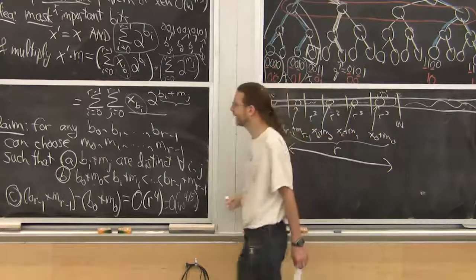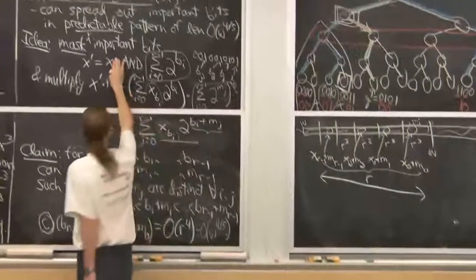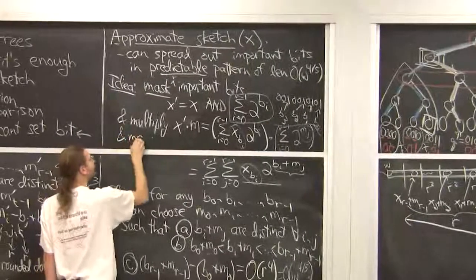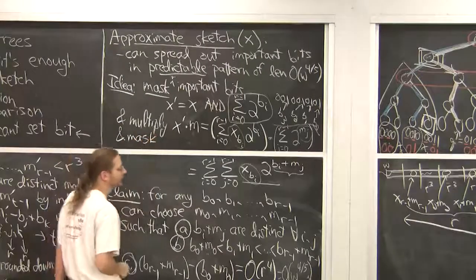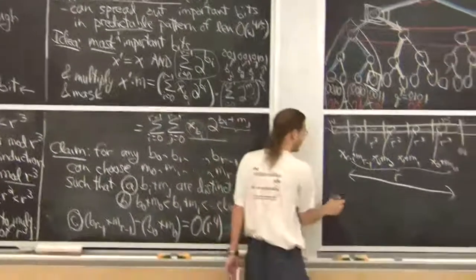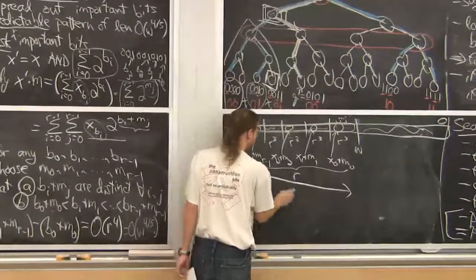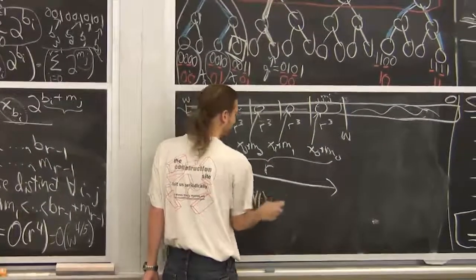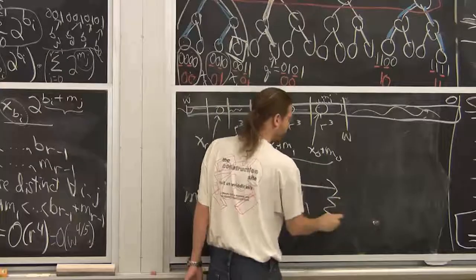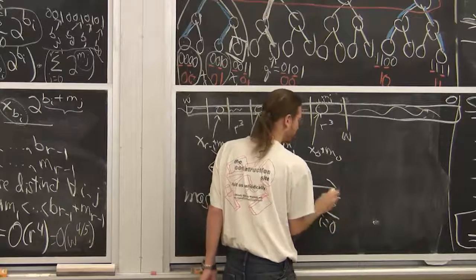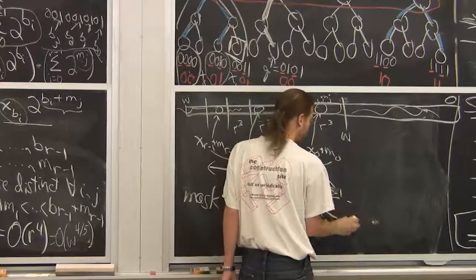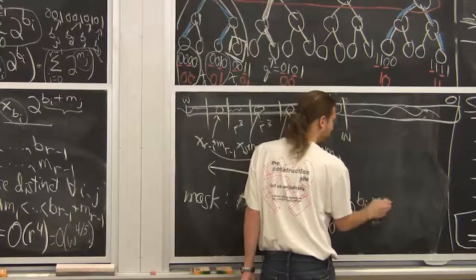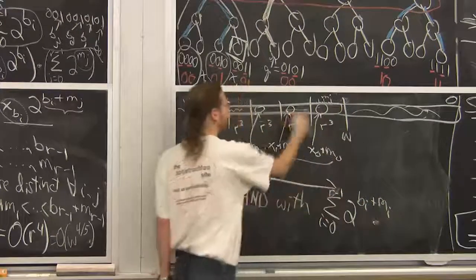again, I have to do another mask. I did one mask here. I did a multiplication, and then I have to do another mask. So why don't I write it over here? So we mask, we AND with the sum over i equals 0 to r minus 1 of 2 to the bi plus mi. Those are these circled bits.